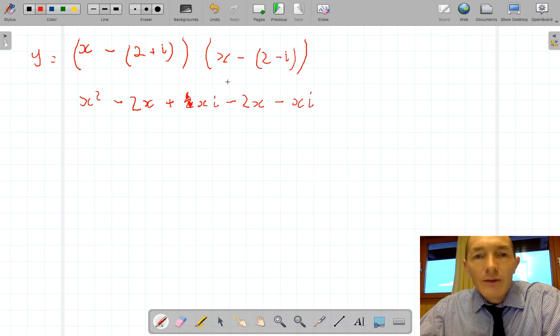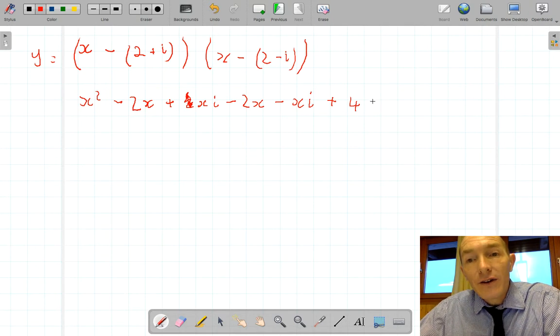And then finally, I've got this bracket times this bracket. Now we've already done these before. It's negative times negative, so it's going to be positive. We know that it's 2 times 2, which is 4. And we know that it's i times i, but it's plus i times negative i giving me negative i squared, and negative i squared is 1, so I'm going to add on 1 here.